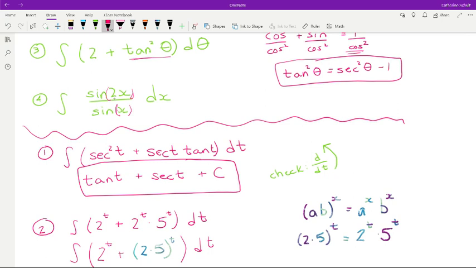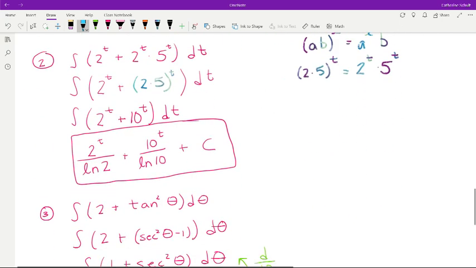So for instance, sine of 2x, if we wanted to change that argument to x, we have to use an identity. And if you remember, sine of 2x is equal to 2 sine x cosine x. So let's make that substitution.